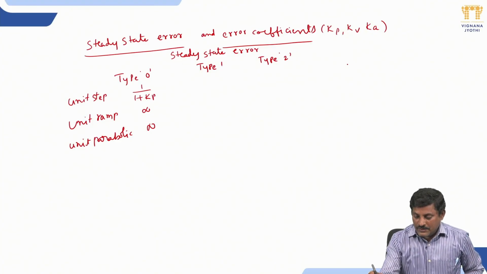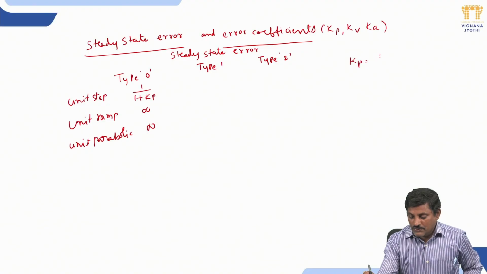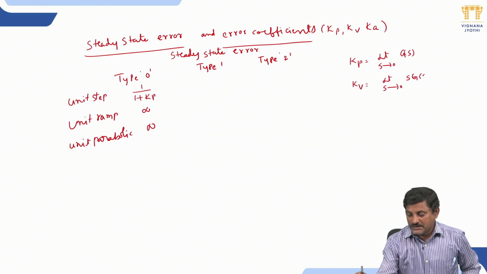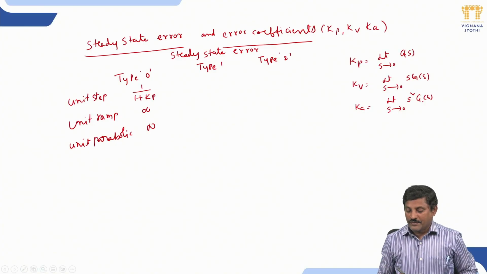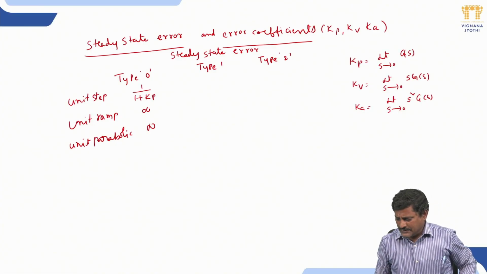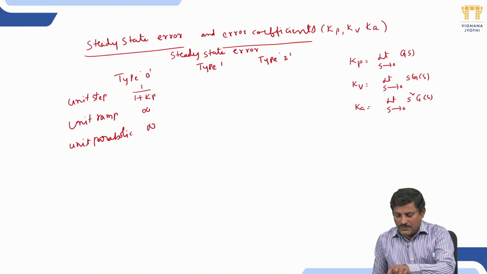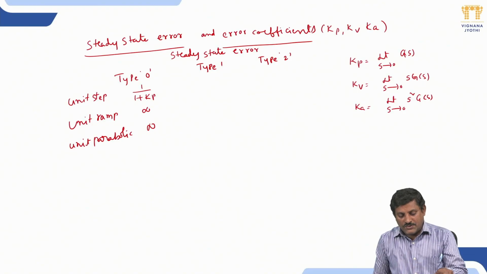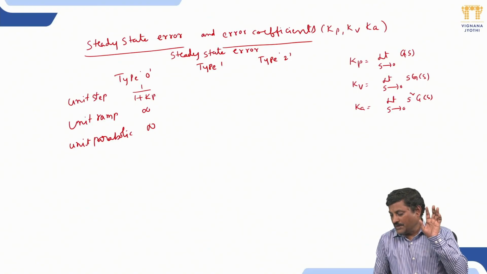Okay. Here, remember Kp is equal to limit s tends to 0 of G of S, Kv is equal to limit s tends to 0 of s into G of S, and Ka is equal to limit s tends to 0 of s square G of S. So the error coefficients you have to determine first, later you determine the steady state error for a type 0 system, type 1 system, type 2 system, subject to unit step input, unit ramp input, and parabolic input.